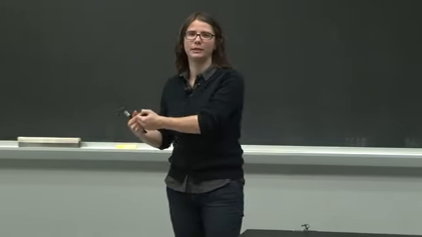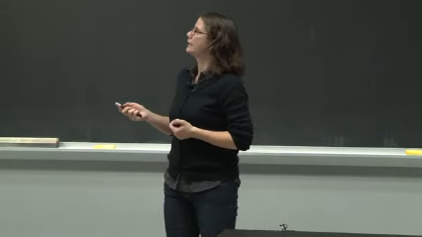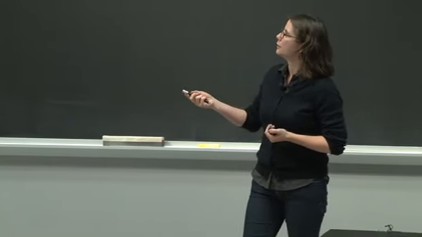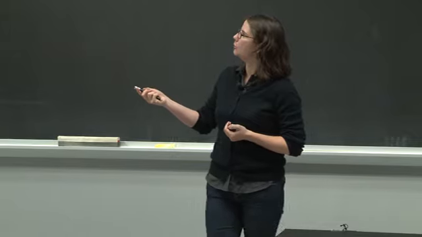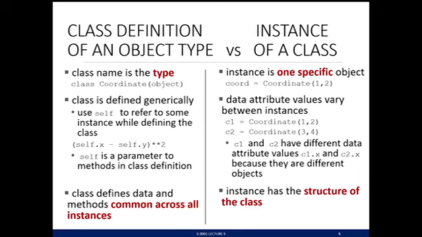The difference is that every instance's values are going to be different. So when you're creating instances of classes, you can create more than one instance of the same class. So we can create a coordinate object here using this syntax right here. So you say the type and then whatever values it takes in. And you can create more than one coordinate object.